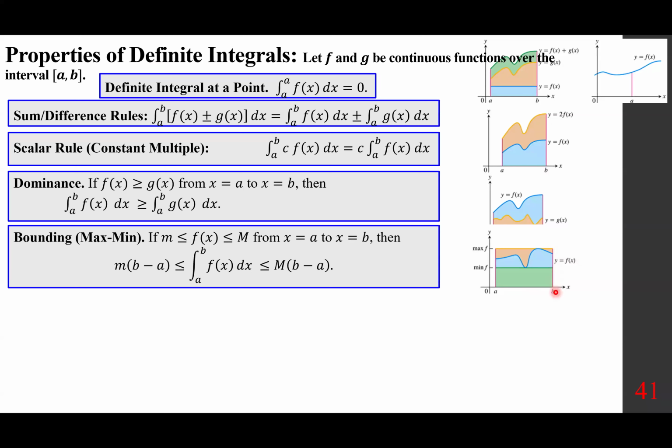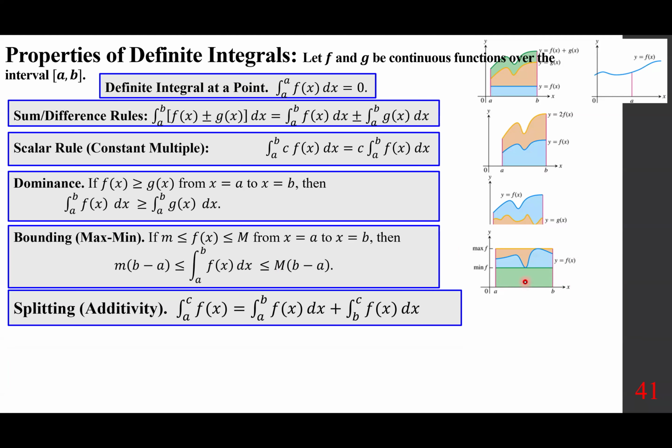This green one and this large one both have the width of b minus a. Now, the height for the max is capital M, for the min is lowercase m. That's it. The blue one would be the area, and of course, it includes the green one, the area under the curve. So you can clearly see which one is larger.